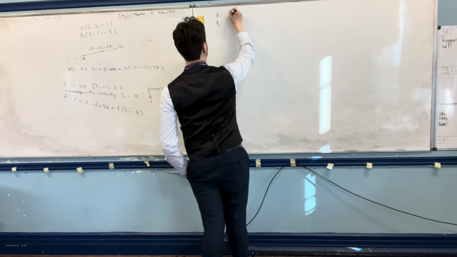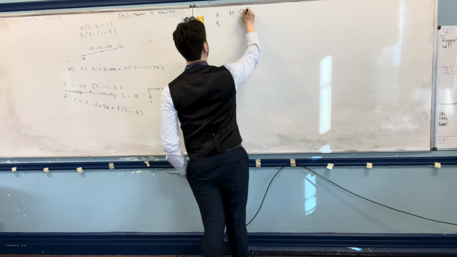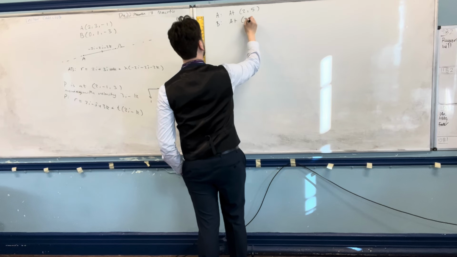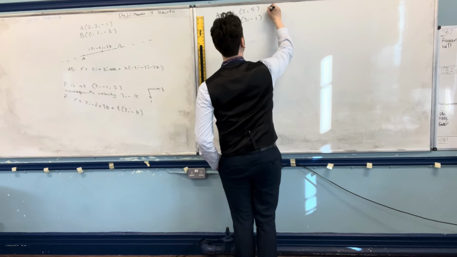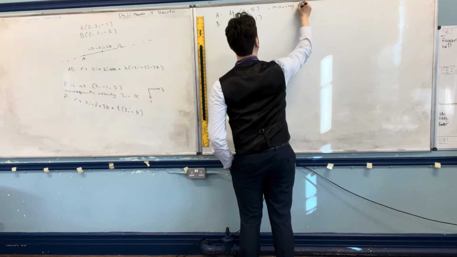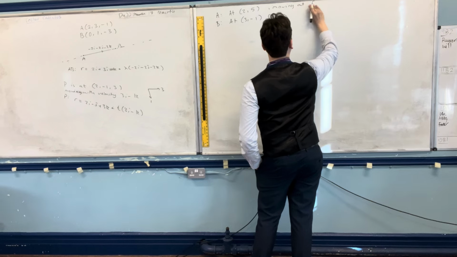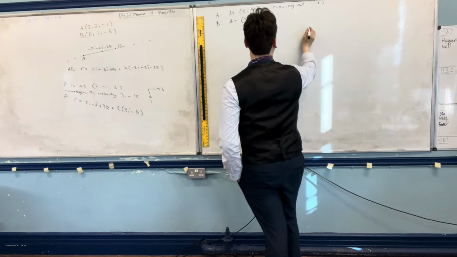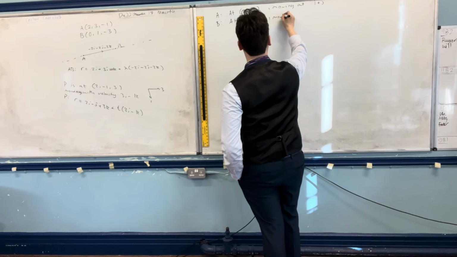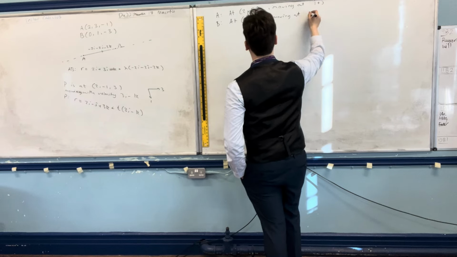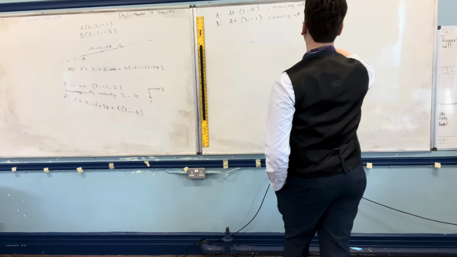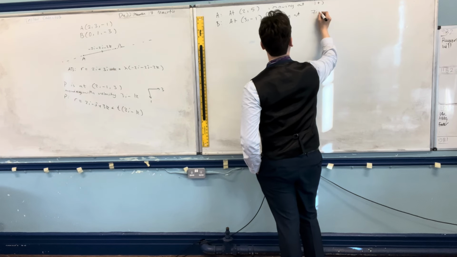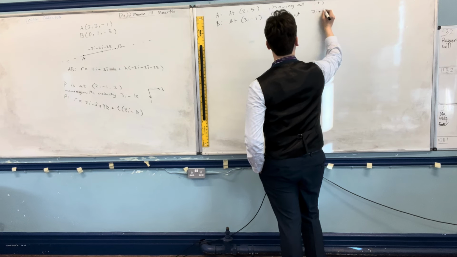So A is currently at (2, 5), and B is currently at (3, -1). A is moving at i + j, and B is moving at 7i + j.